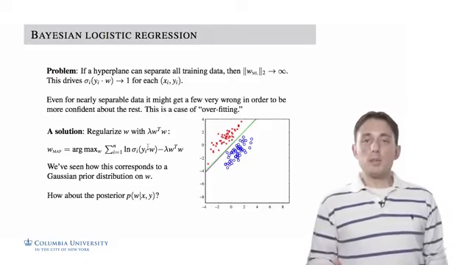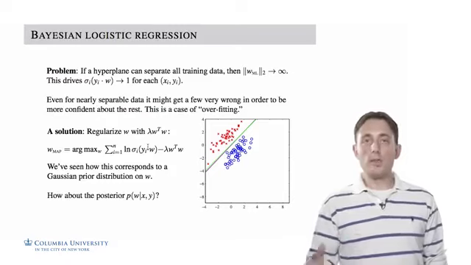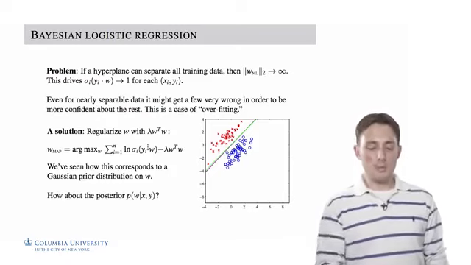So just as with the least squares case, where we made the transition to ridge regression, we can do the same thing here.